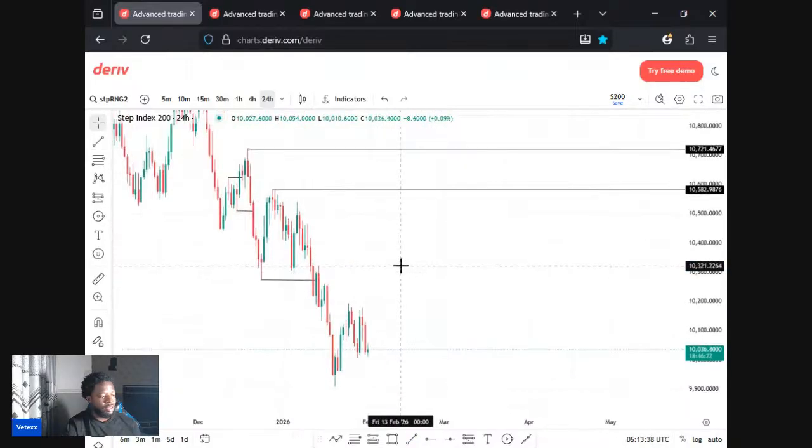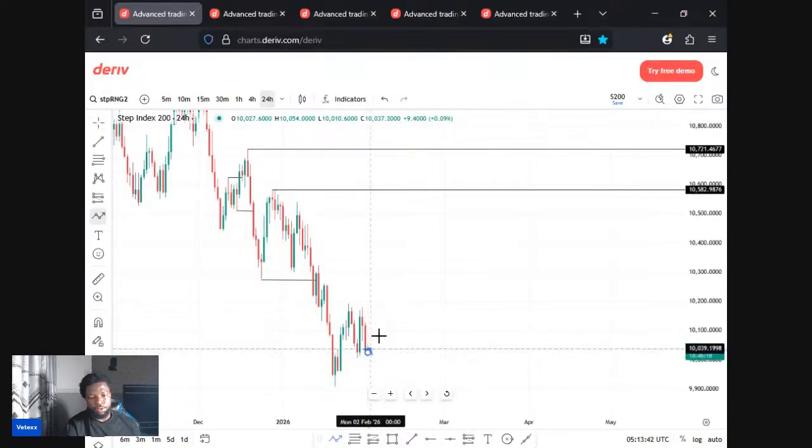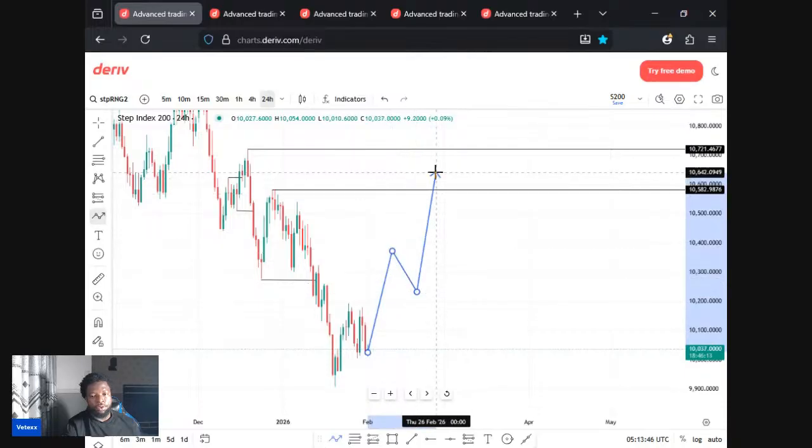Remember, this is the daily time frame. So right now we're anticipating price to tap into our point of interest and give us a continuation on the 4 hour time frame. This is going to be something like this.